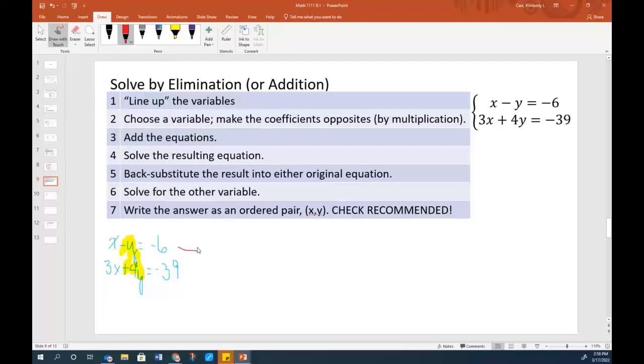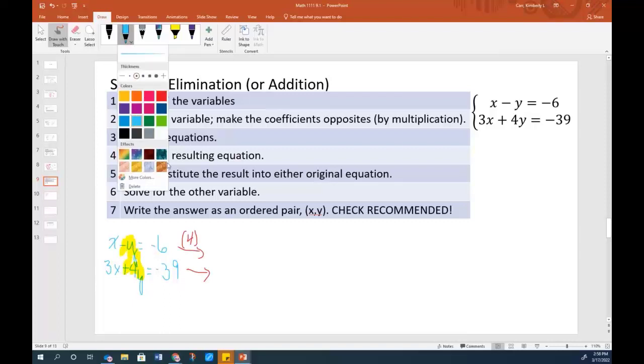And so then we multiply by whatever it takes to end up with opposite coefficients. So I can multiply this top equation by 4. I put it in parentheses here, and I don't need to multiply the bottom equation by anything. Because if I multiply the top by 4, I'm going to end up with a negative 4 in front of that y, and that is the opposite of 4.